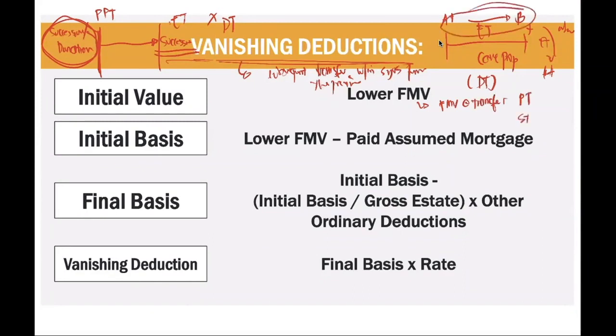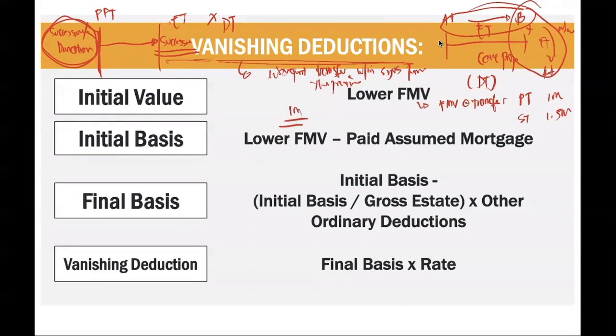The previous transfer is from A to B. The subsequent transfer is B to H. So for the same property, you get the fair market value at the previous transfer and at the subsequent transfer, whichever is lower. So let's say A to B, the fair market value is 1 million. Subsequent transfer B to H, the fair market value now is 1.5 million. So the lower is 1 million pesos.